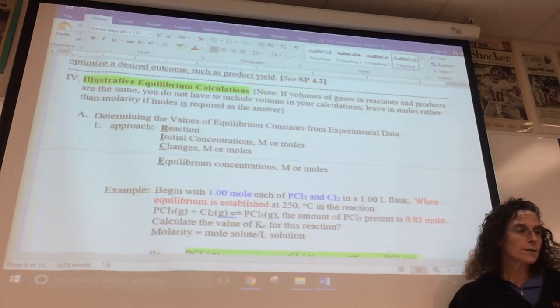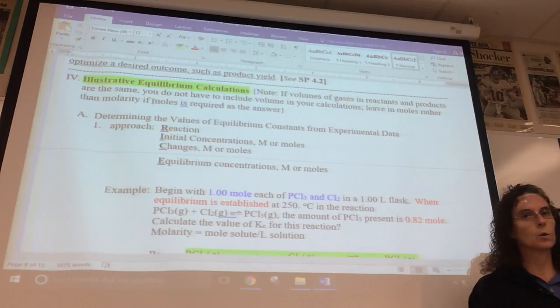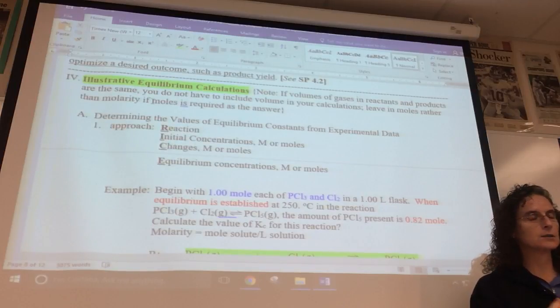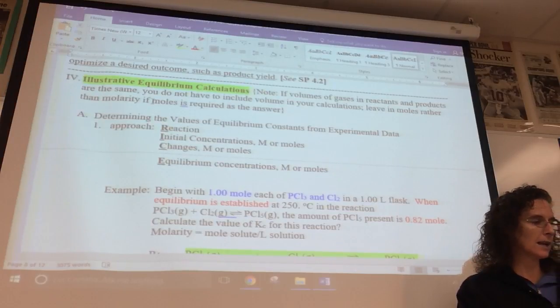All right, with these types of calculations, this is going to set the framework up for this chapter, the next chapter, and the chapter after that. There's a certain approach that we do here, okay? Some people like to teach this in honors. I know down at River they do. I think it's a lot for honors, although you guys would have been able to handle it.